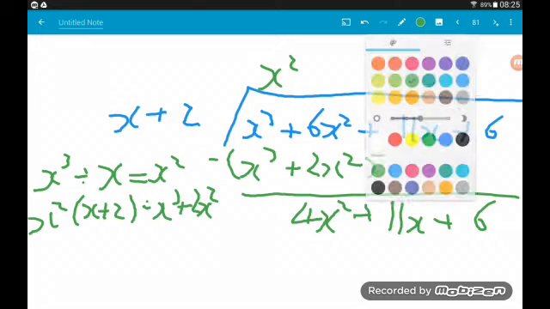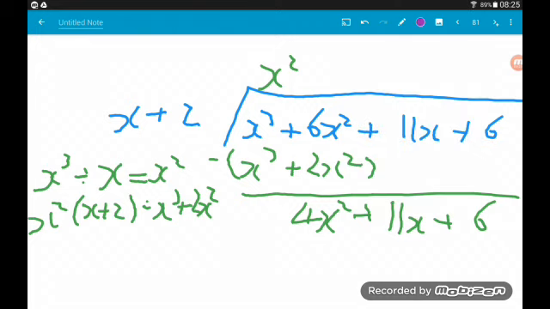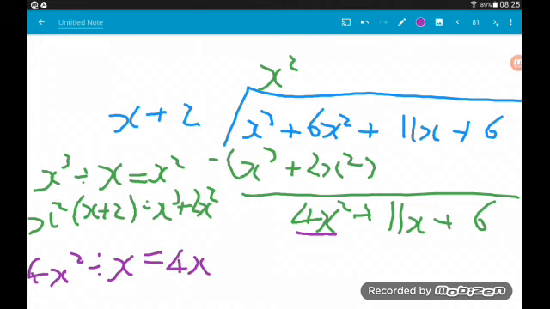So, let me change colour now. Okay, so now we do 4x squared divided by the highest power of x in our divisor. So, 4x squared divided by x. Well, that's going to give us 4x. So that's the next thing to go up on top of the sign.